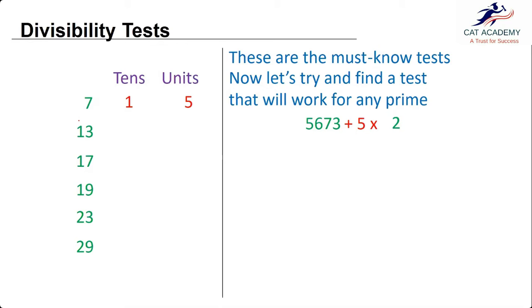What is the calculation? 5 2s are 10. 5673 plus 10 becomes 5683.